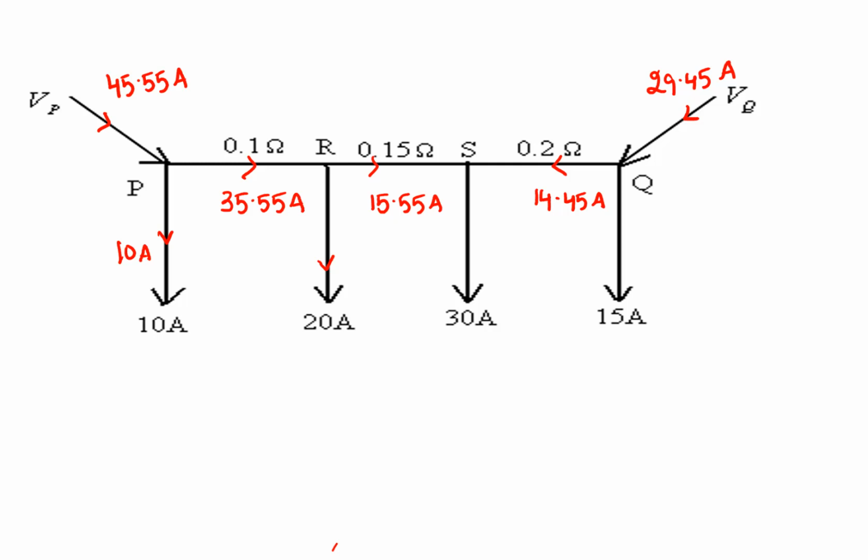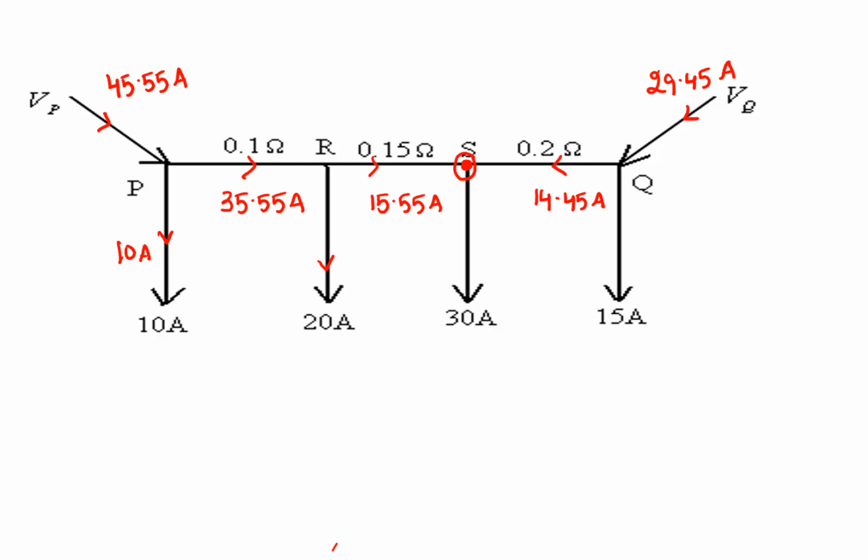So from all this, what is the least potential point? The point which is having the least voltage on the distributor is S. Why? In DC circuits, current always flows from higher potential to lower potential.